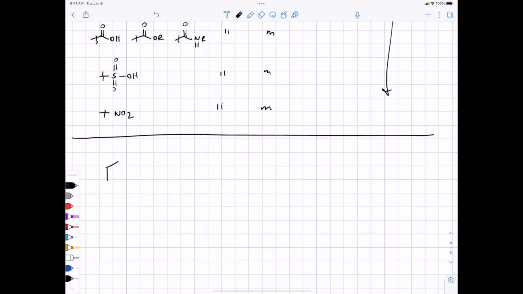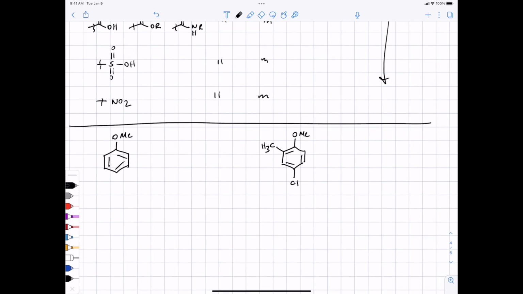Suppose I start with methoxybenzene, and I wish to make this molecule where I have, in addition to the methoxy group, the methyl group and the chloro group.